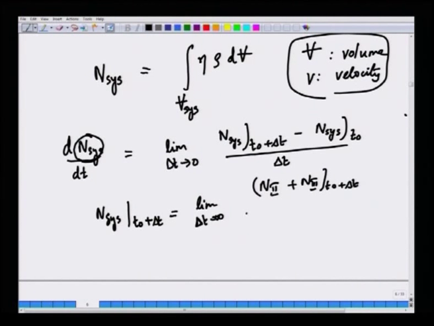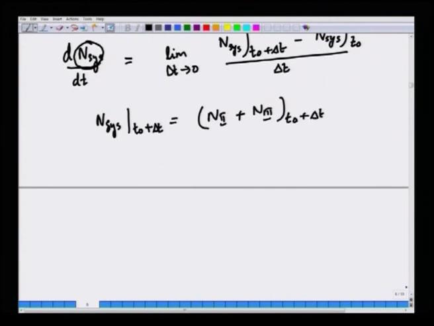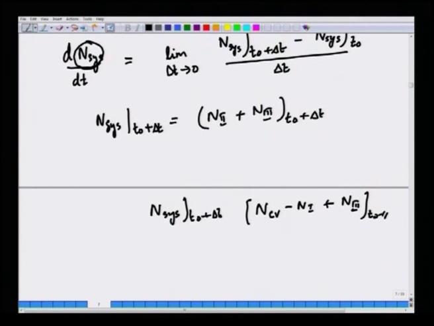N system at t0 plus delta t is N2 plus N3, and N2 is nothing but N CV minus N1, plus N3 at t0 plus delta t.